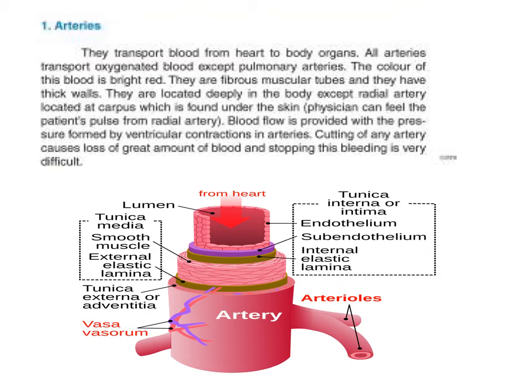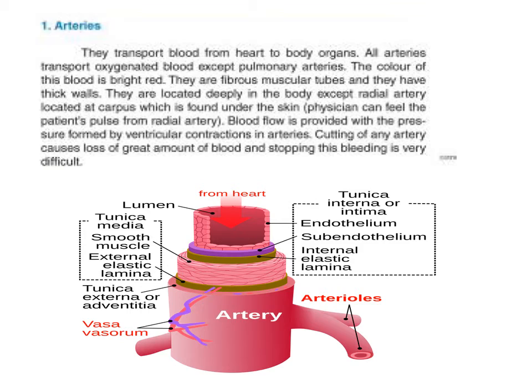Because pulmonary arteries transport the blood from the heart to the lungs to become oxygenated. For that, the blood is unoxygenated, or deoxygenated blood, and doesn't have oxygen.